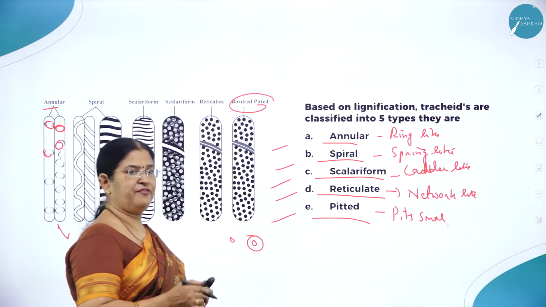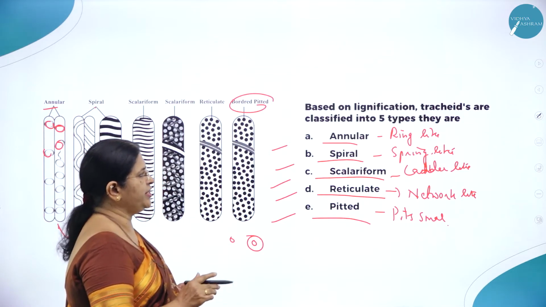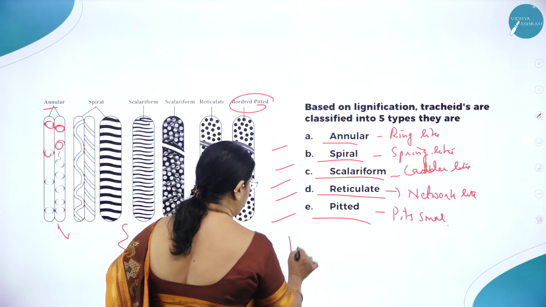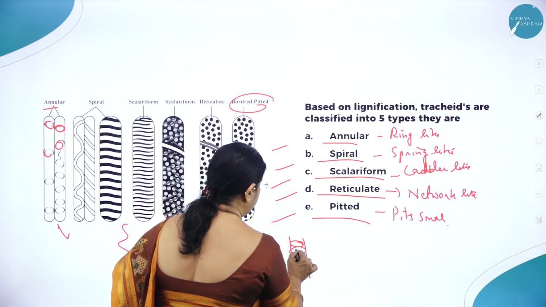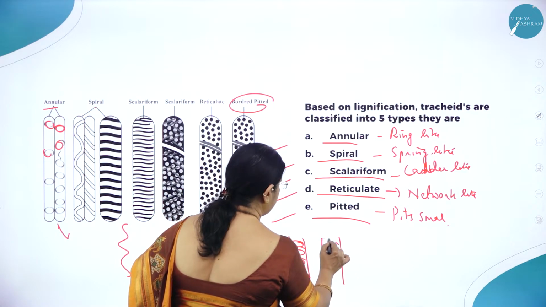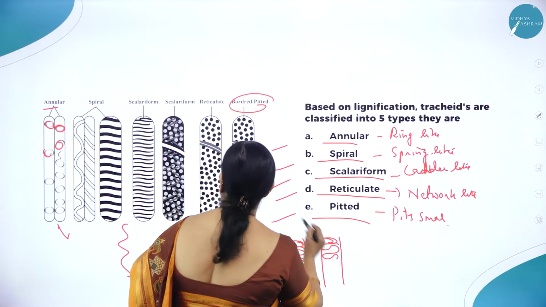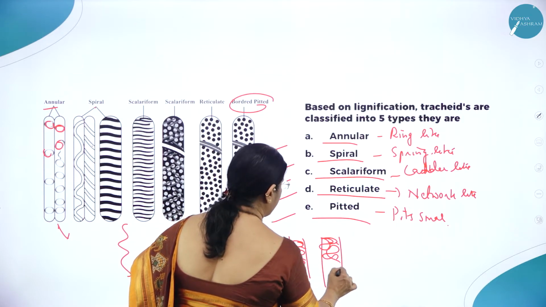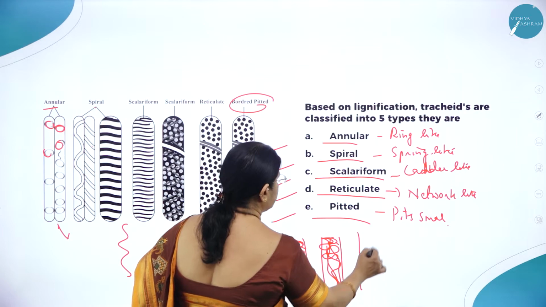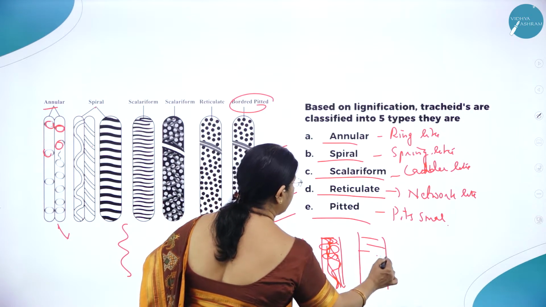So based on lignification, tracheids are classified into 5 types. Here you can see the annular, ring-like. Then spiral, which we can find like this. Then scleriform, ladder-like.